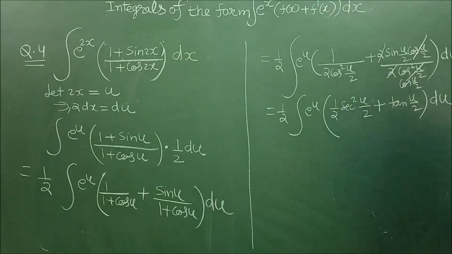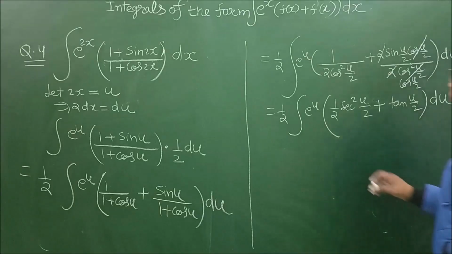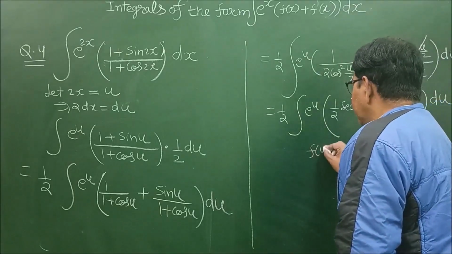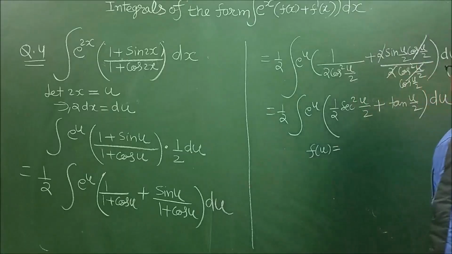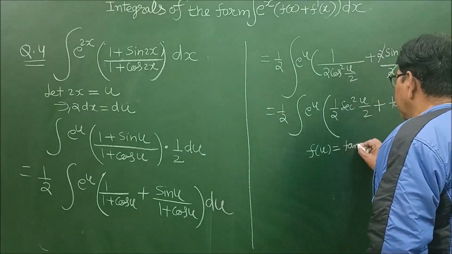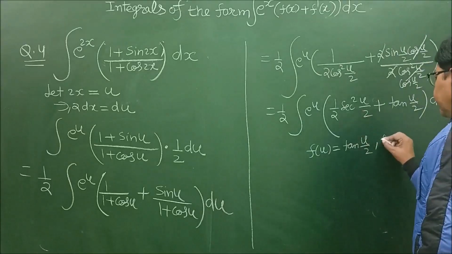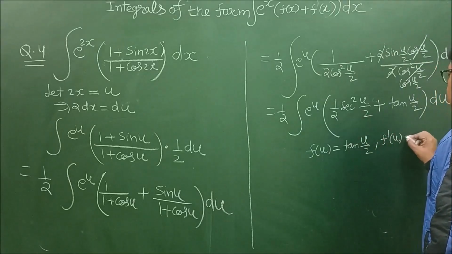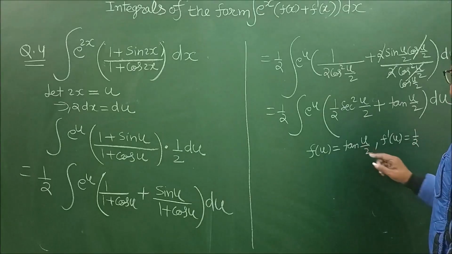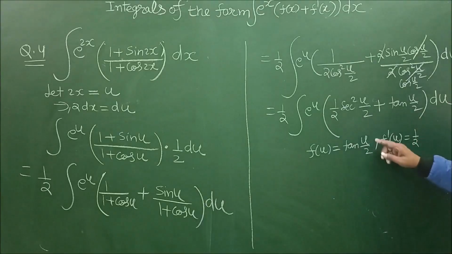Now if I take this function as f(u), f(u) is equal to tan u by 2, then the derivative is present here, f'(u) is equal to half sec square u by 2, since the derivative of tan u by 2 is sec square u by 2 and the derivative of u by 2 is half.